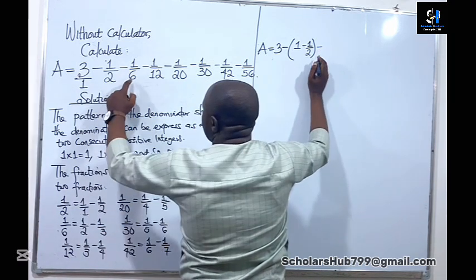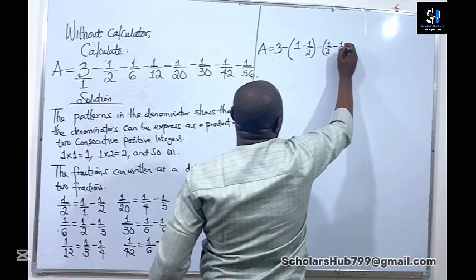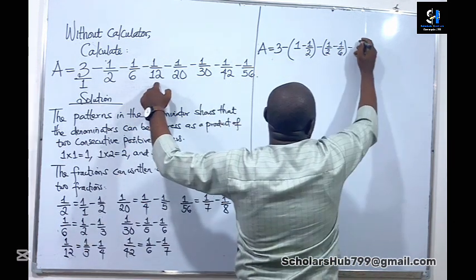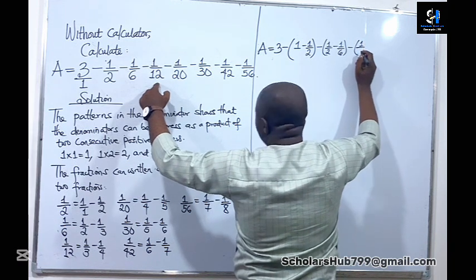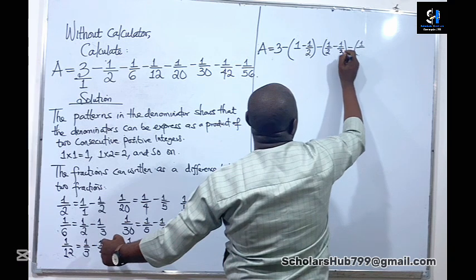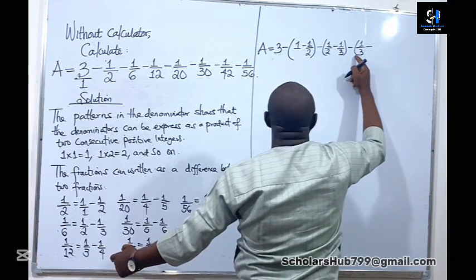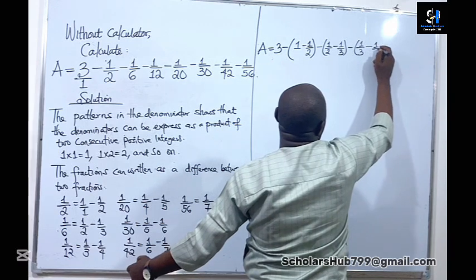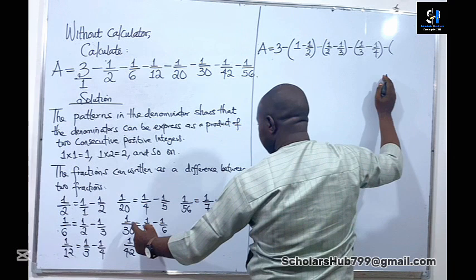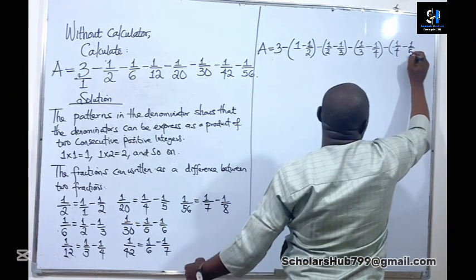Then minus, 1 over 6 will be 1 over 2 minus 1 over 6. Then for 1 over 12, the next fraction, parentheses 1 over 2 minus 1 over 3. Now the next one will be parentheses 1 over 3 minus 1 over 4. Then the next one will be parentheses 1 over 4 minus 1 over 5.